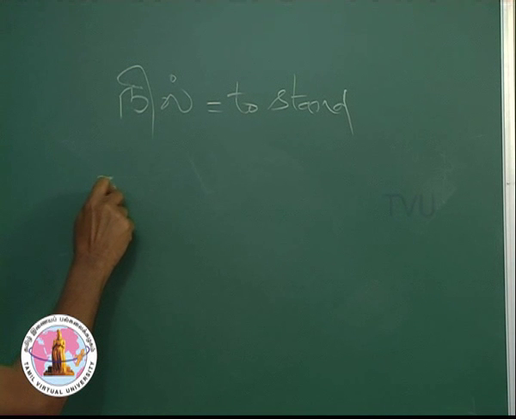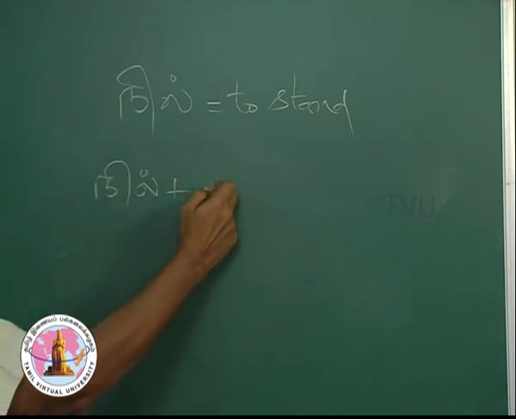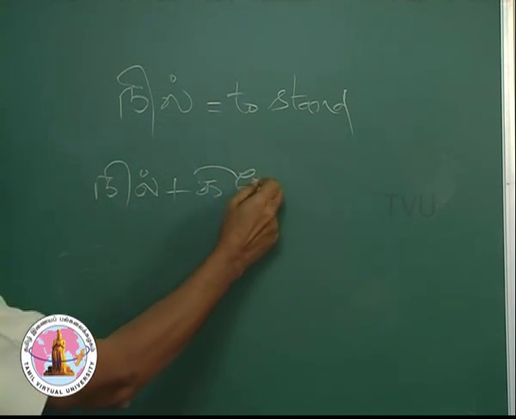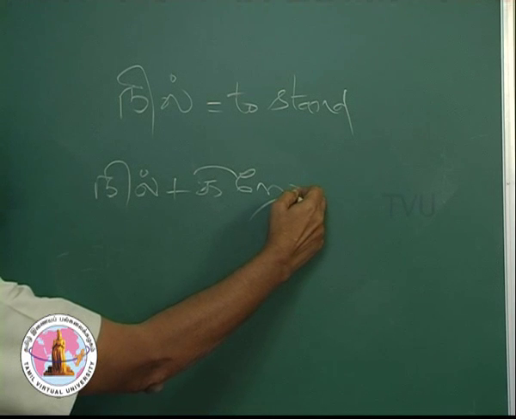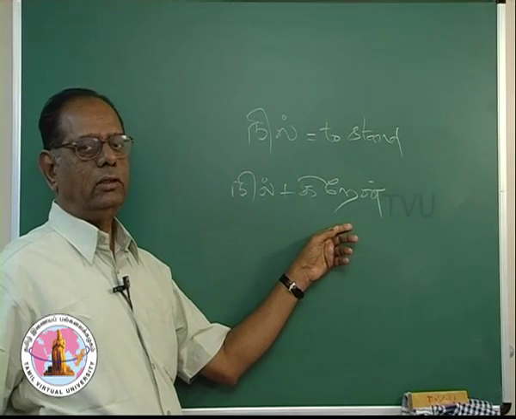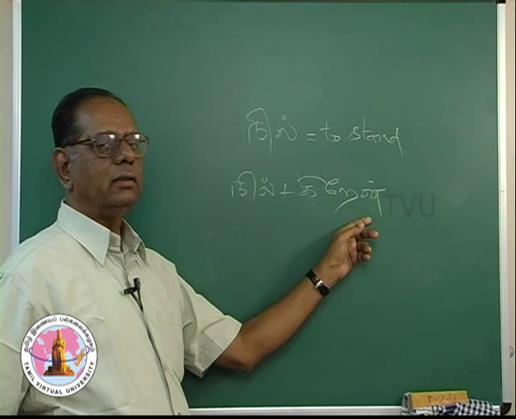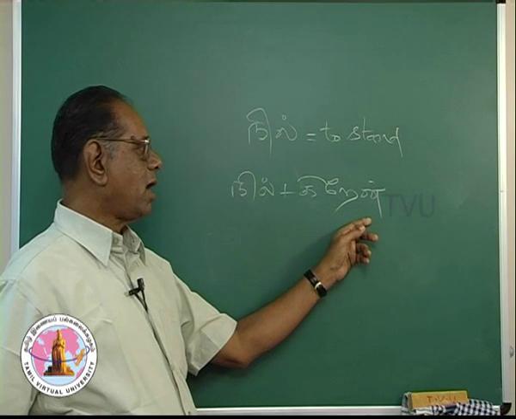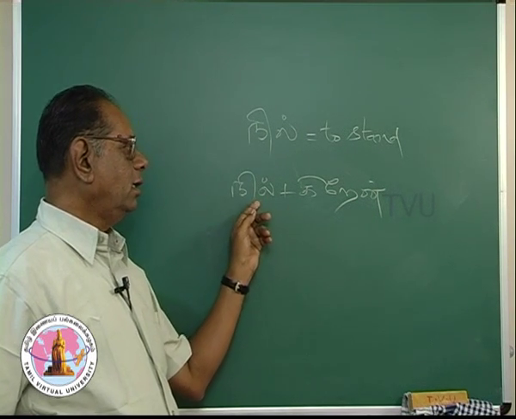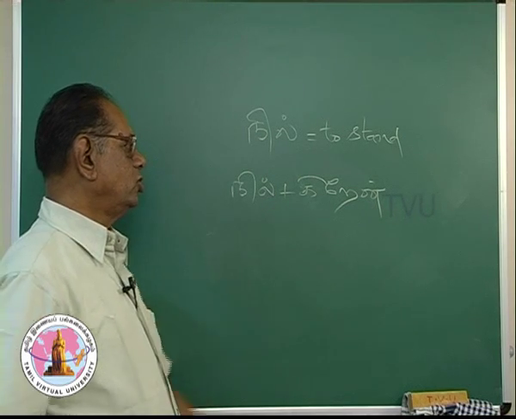Now I conjugate this. I have joined both the tense marker and the person marker. Nil plus kireen. Here there is a change.